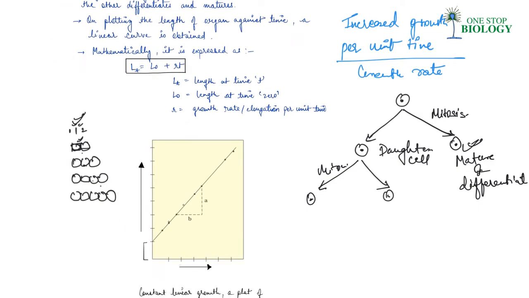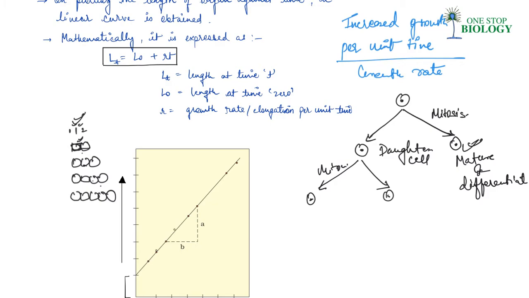Mathematically, we express it as length at time t is equal to length at time 0 plus R times t. Here t is time and R is considered the growth rate, which is elongation per unit time. So you can call it growth rate or elongation per unit time.